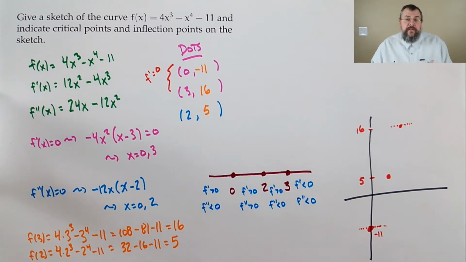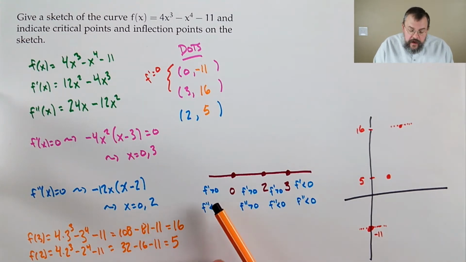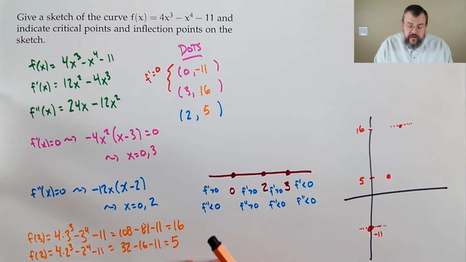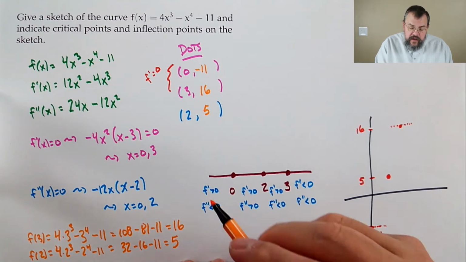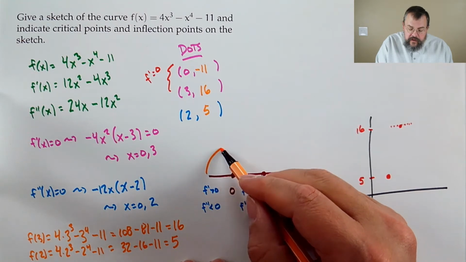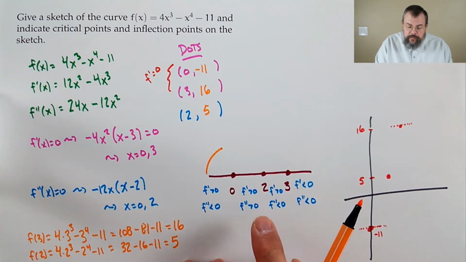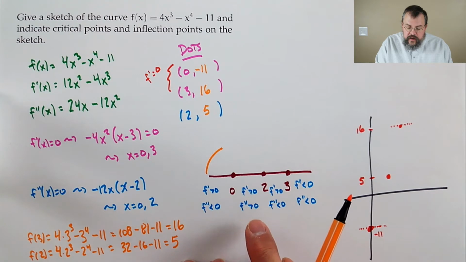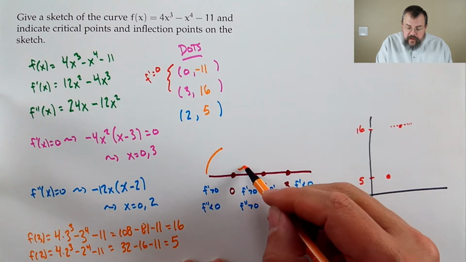By understanding the behavior of the first and second derivative, it gives us an idea of what the curve should be looking like. So I'm increasing concave down. So if I'm increasing concave down, I have to look something like this. Now I'm increasing concave up. I have to look something like that.